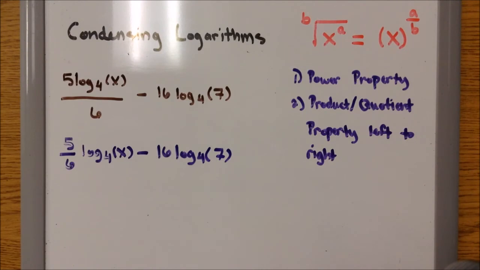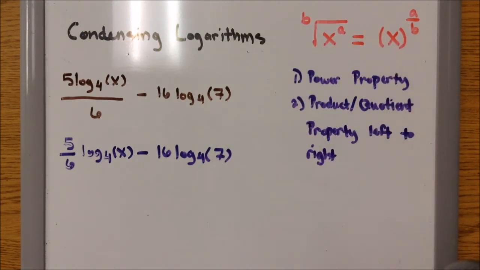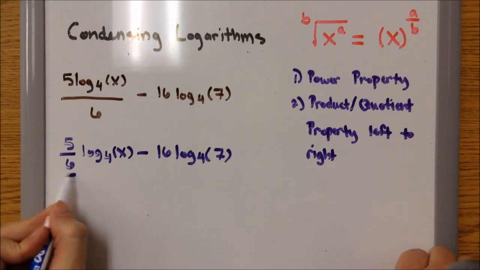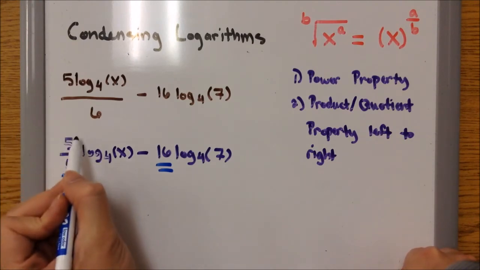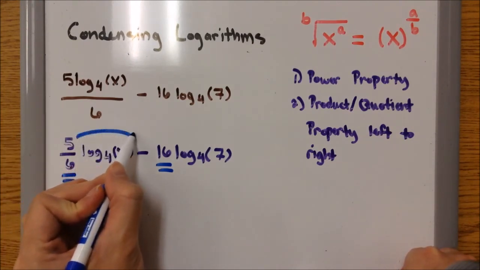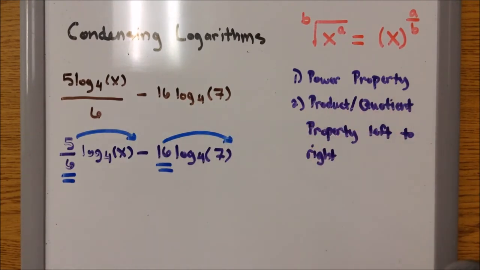So again, we have to do this before we can work on power property, because now we have this. So what's going to happen? We got all the numbers in front of log, there's no more fraction, so these numbers will be moved as exponents according to the power property.